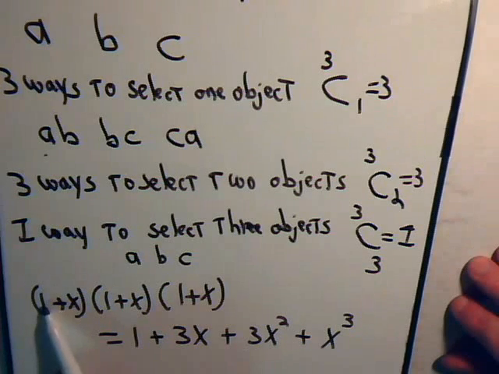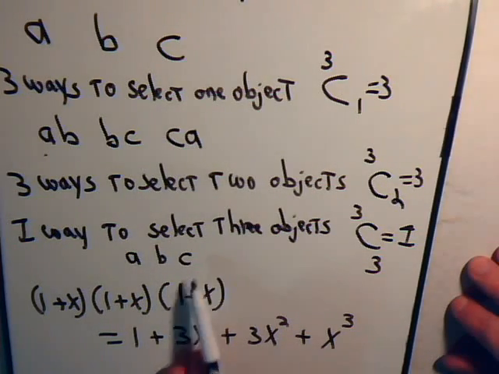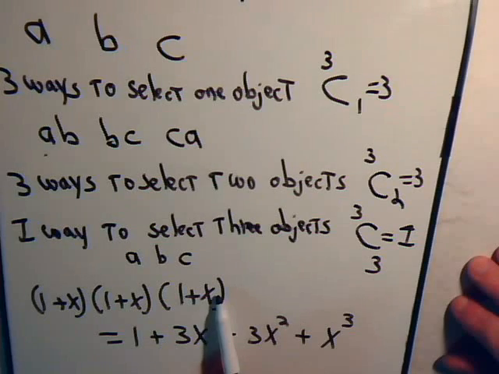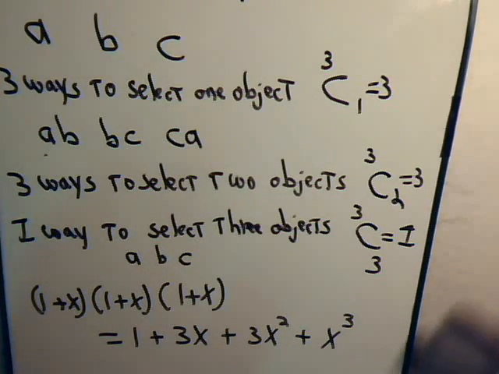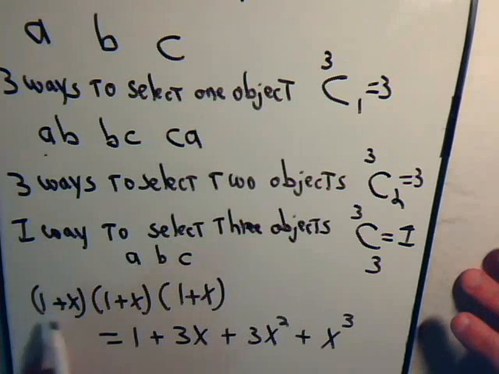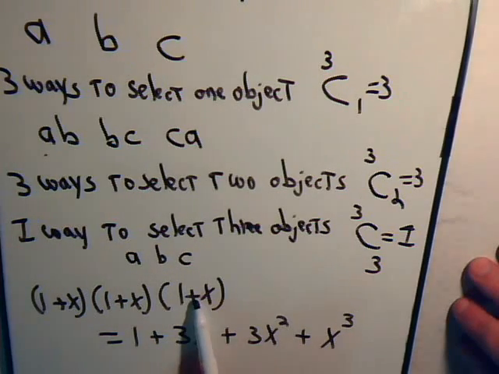The exponent here we can think as x to the 0, so we may choose 0 A's or 1 A. We may choose 0 B's or 1 B. We may choose 0 C's or 1 C. So you can think of this as sort of the generating function for the object A, and that we have two choices. We don't select A, or we do select A. And the identical generating function holds for object B and for object C.